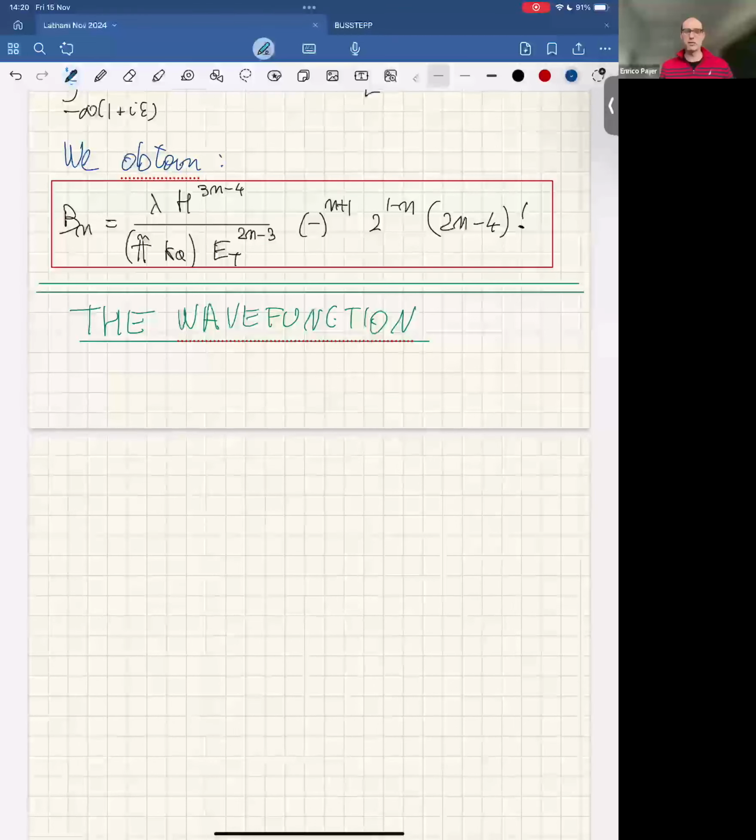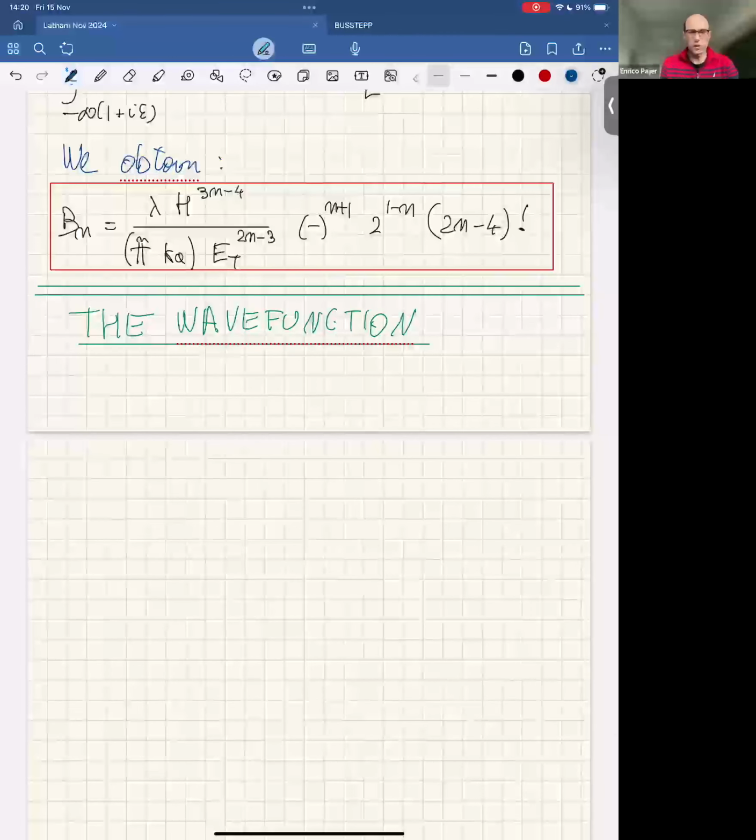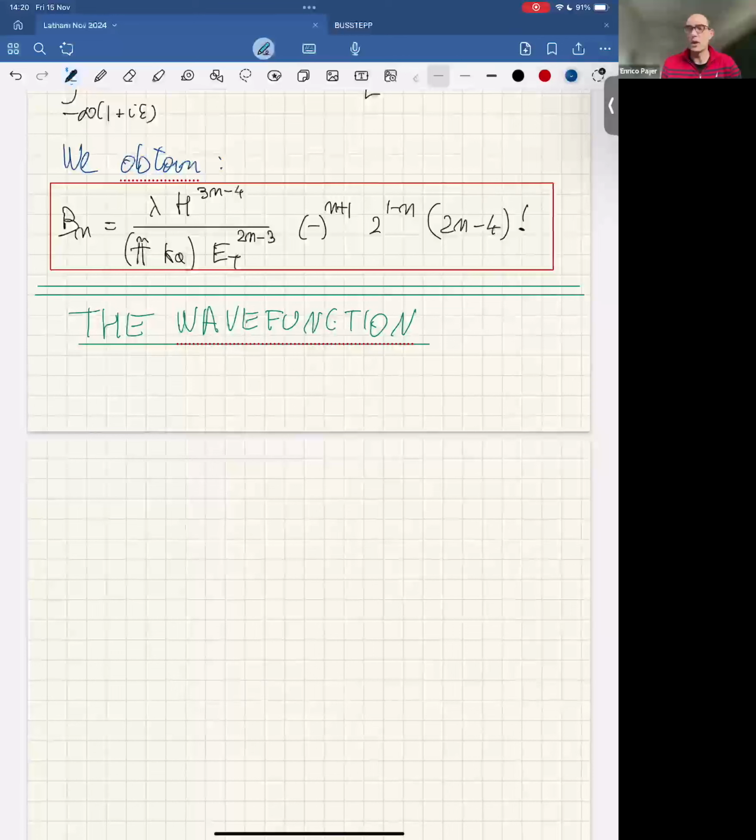Presumably, none of you have seen this in your quantum field theory course, and probably you will not see it. However, it is an alternative description of quantum field theory, perfectly valid, just like in quantum mechanics. And so I want to show you how to use it.